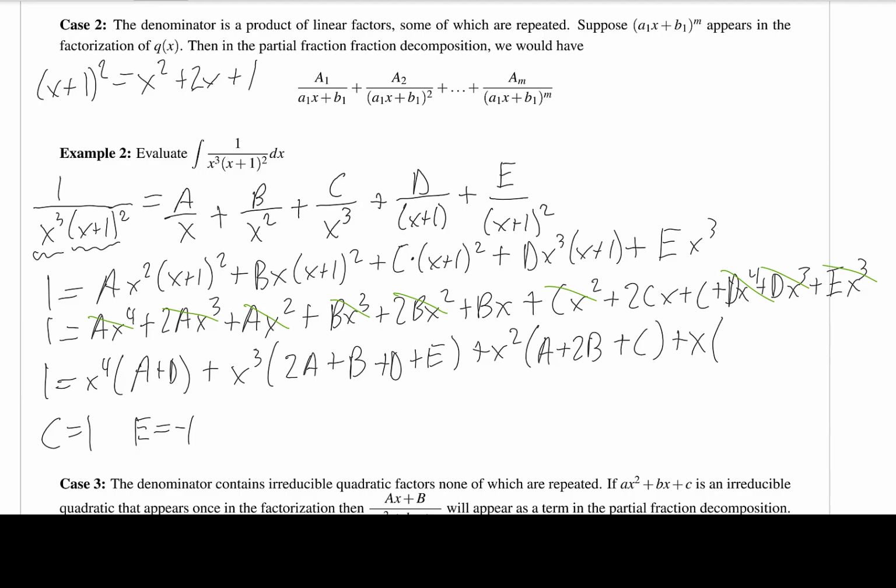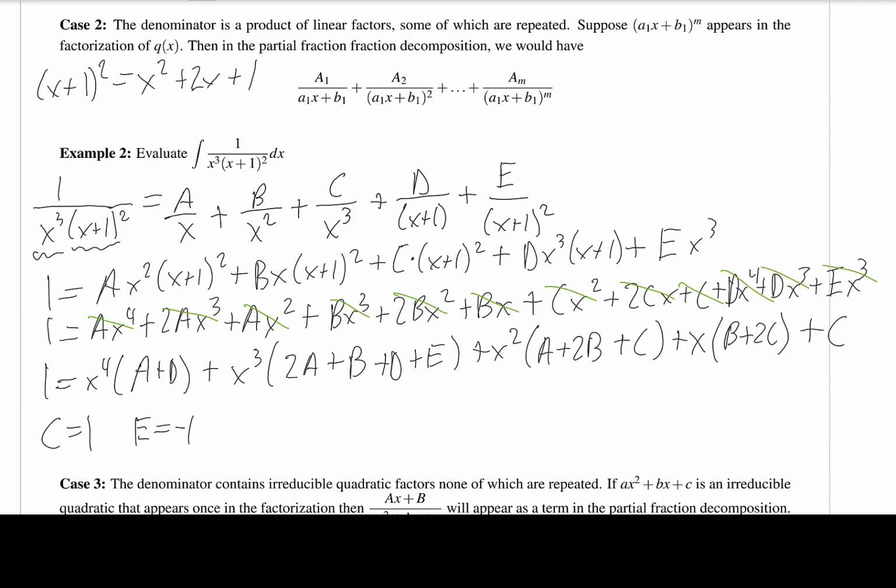So I've got a bx and a 2cx, so this is going to be b plus 2c. And then plus c from this plus c right here. And now I'm looking back. I've crossed every single term out with a green line, so that means I've used everything.